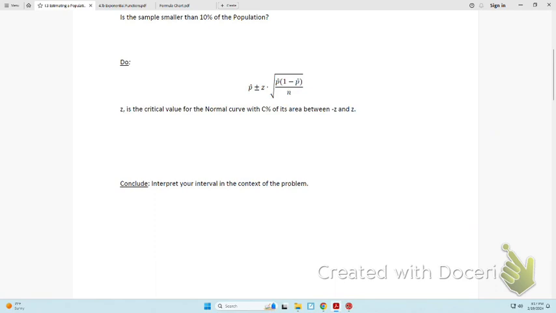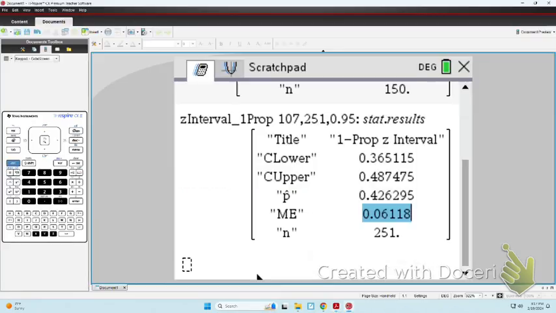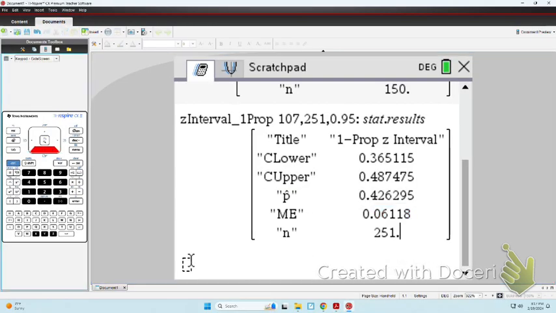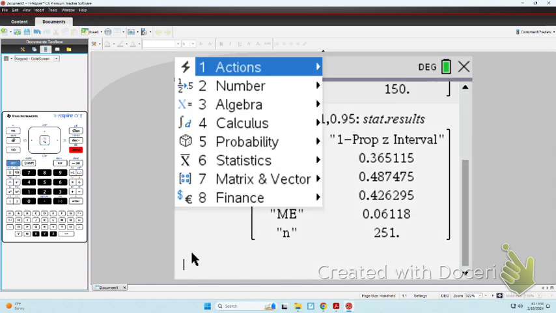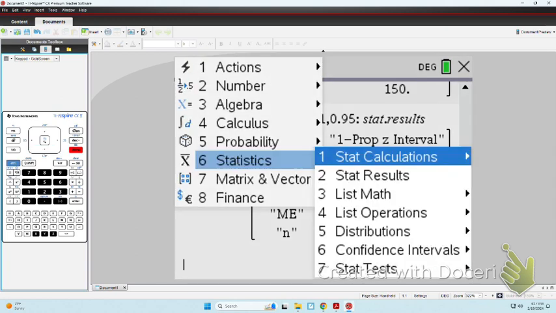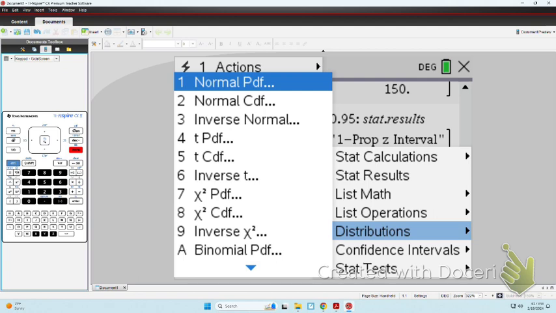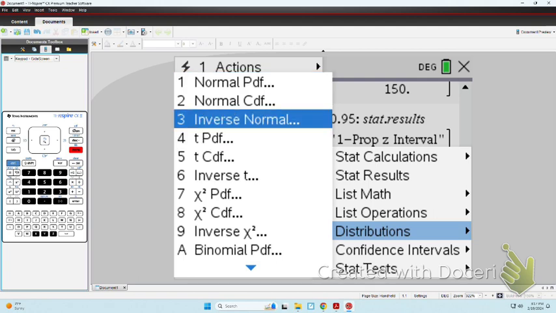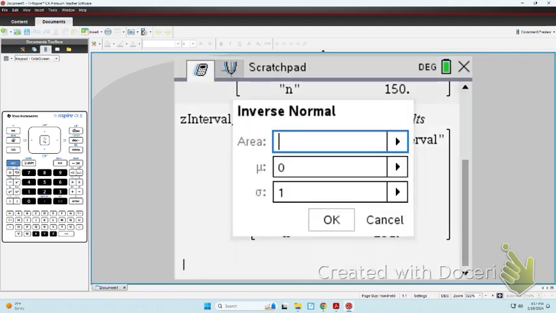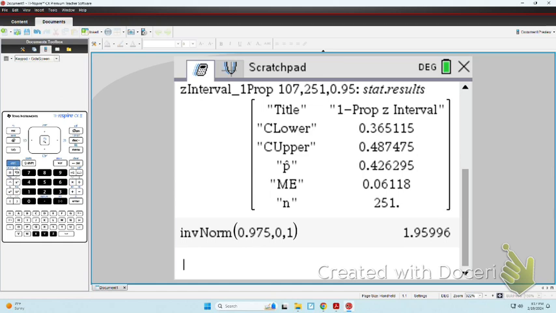Let's look. I bet that's it. So menu, stats, distributions, inverse normal. It's been a while since we've done this. It's the left area. 1.95996, so 1.96.